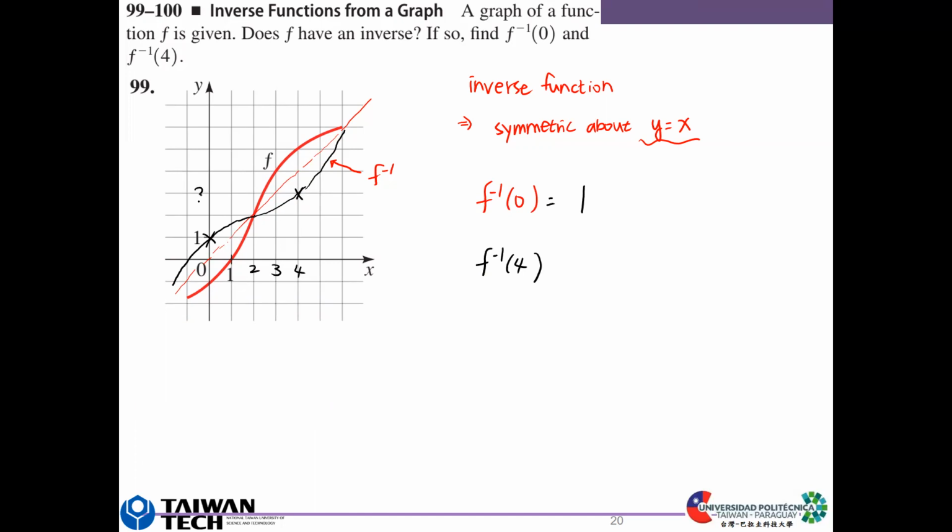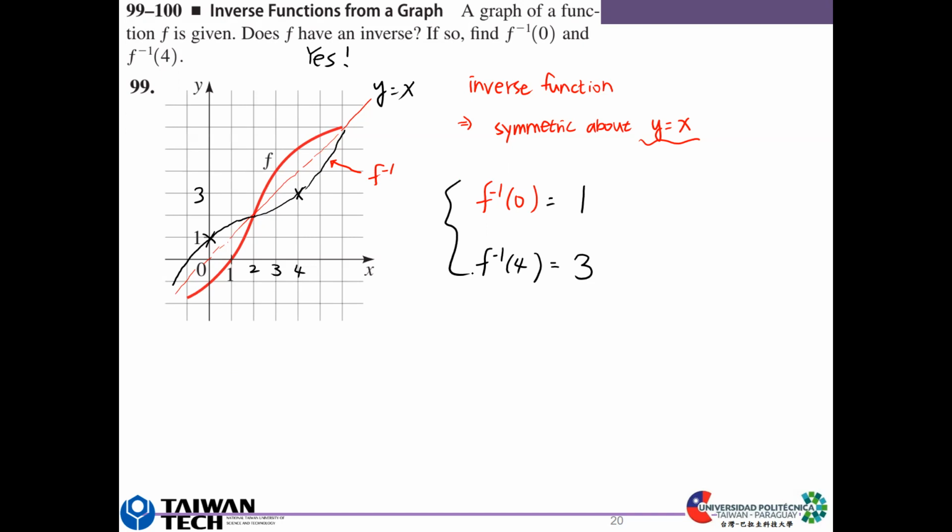So f inverse of 4 is 3. And does f have an inverse? Yes, it has an inverse. This is y equals x. Okay, these are the properties of an inverse function.